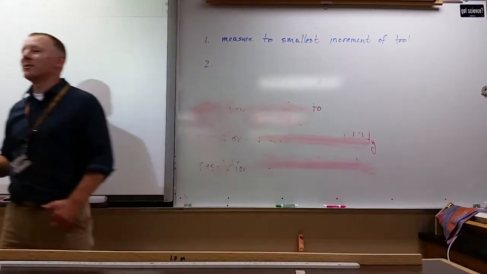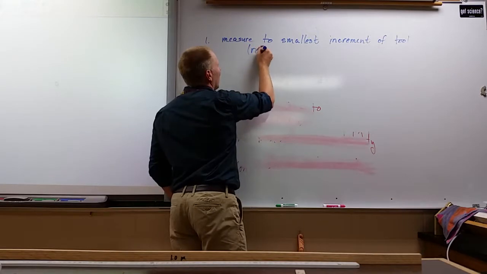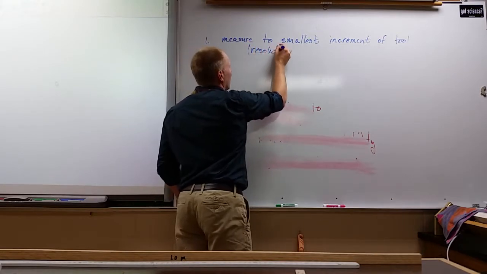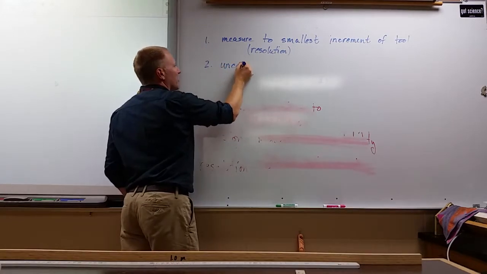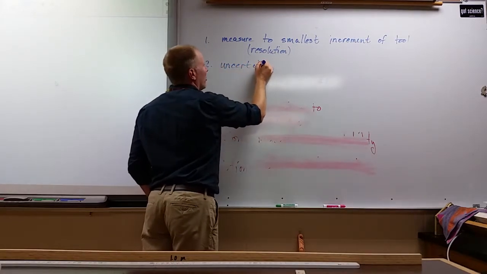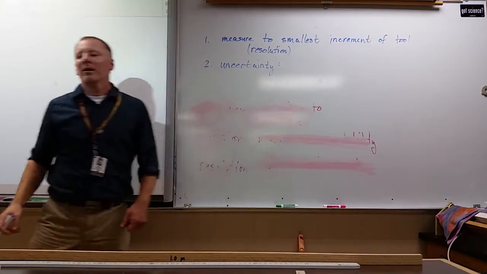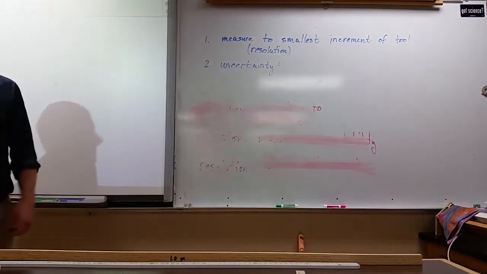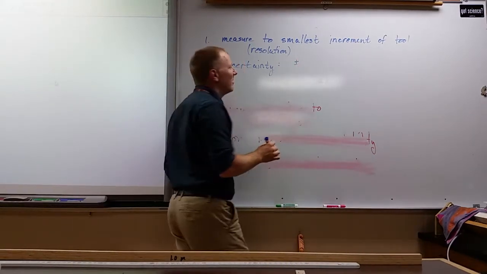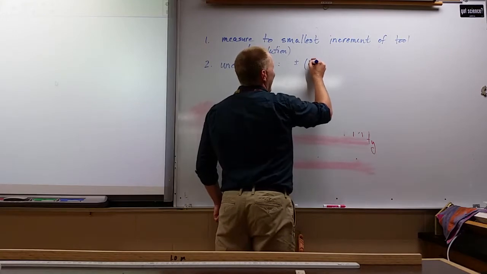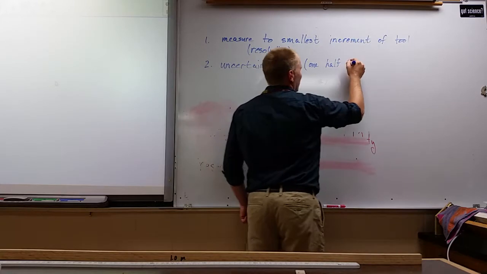Then you have some uncertainty. Uncertainty is how much could you be wrong based on that measurement? And we use the notation plus or minus 1/2 of the resolution.